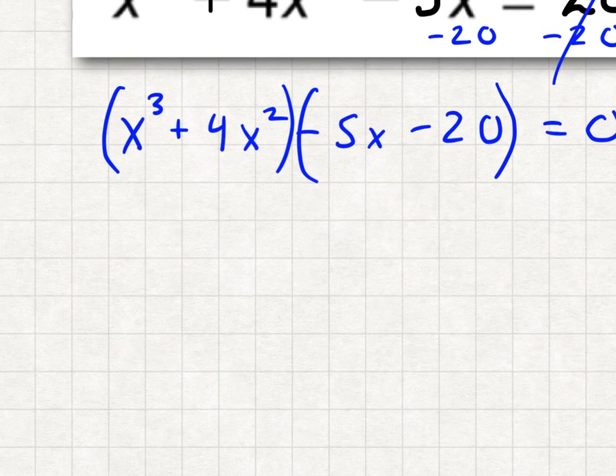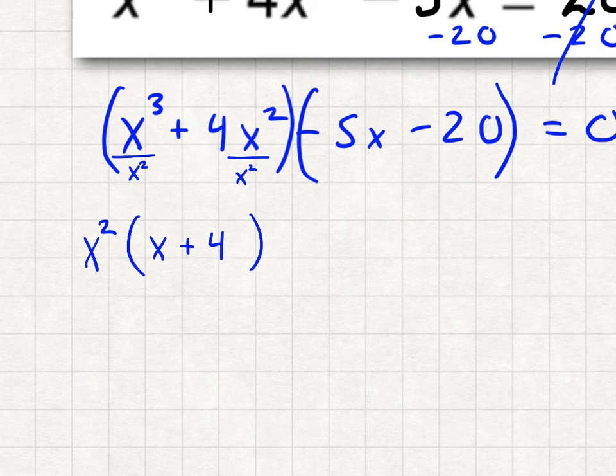What do I have in common in my first two terms that I could take out? X squared. What am I left with when I divide out an x squared? Awesome. X plus 4. Everybody with me so far? What can I take out of the second two terms?